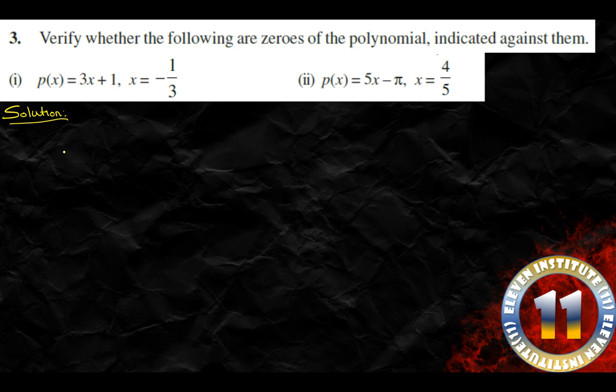And let us check the first one. p(x) is equal to 3x plus 1. Now instead of x we will write minus 1 upon 3.